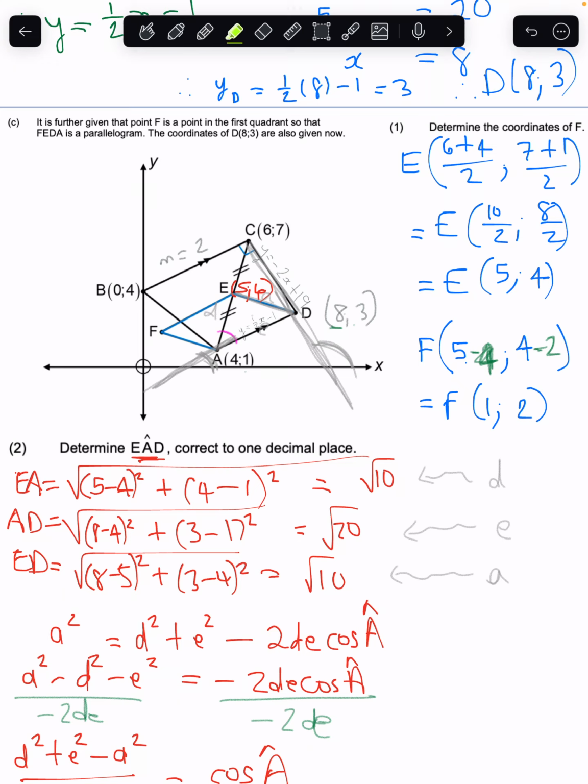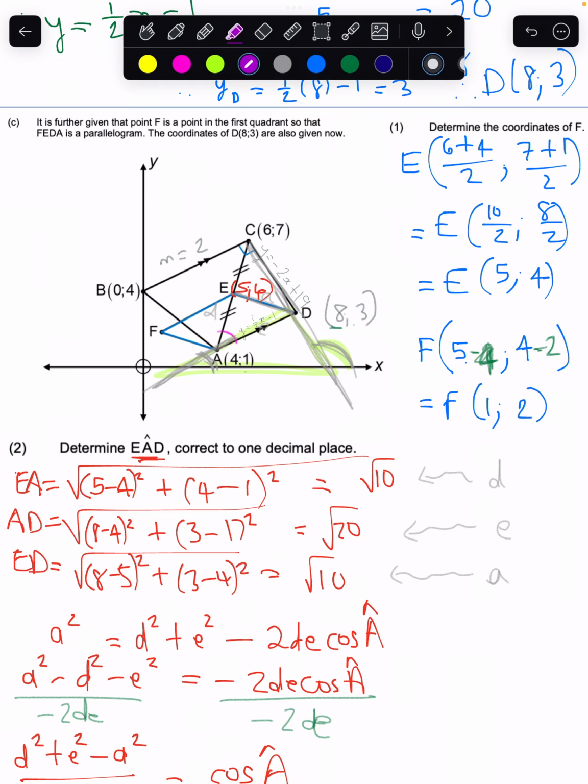So I can see that this is an external angle to this triangle, an exterior angle. That would mean this angle plus this angle gives me that angle. Oh no, I think I'm going about this the wrong way. I'm not getting to the point that they were getting to.